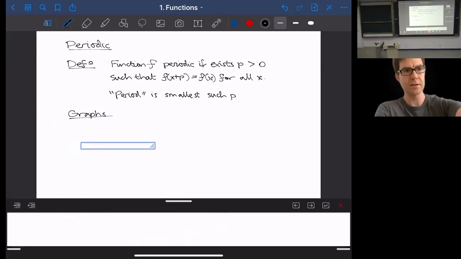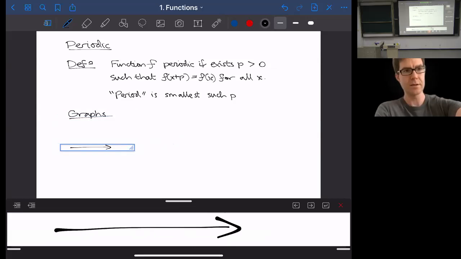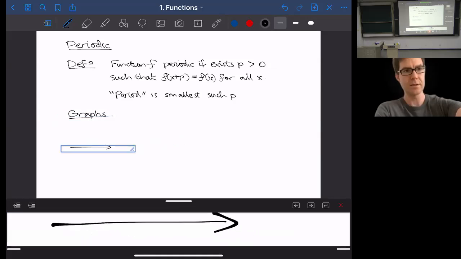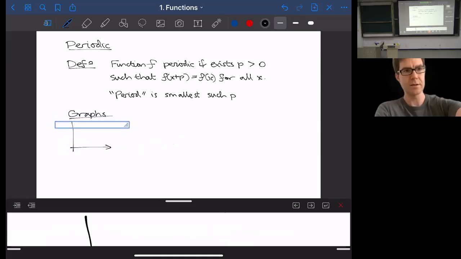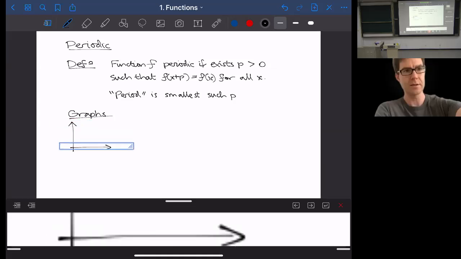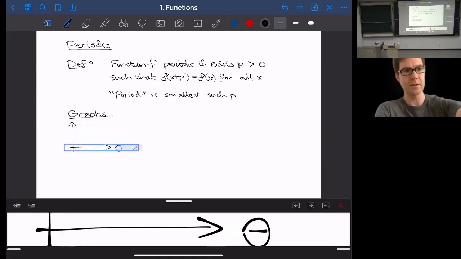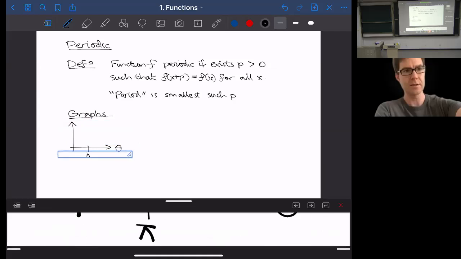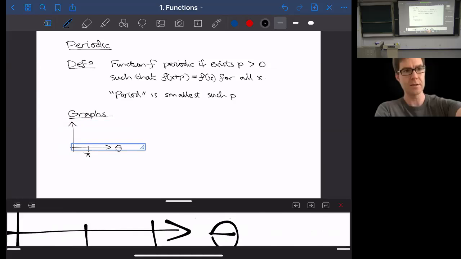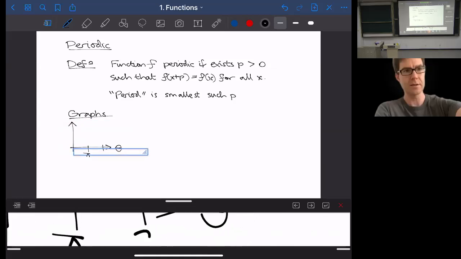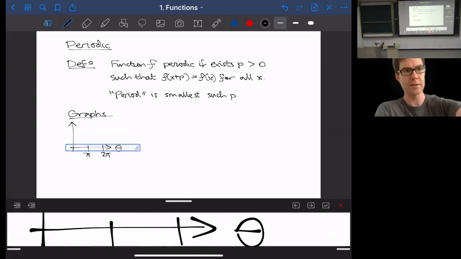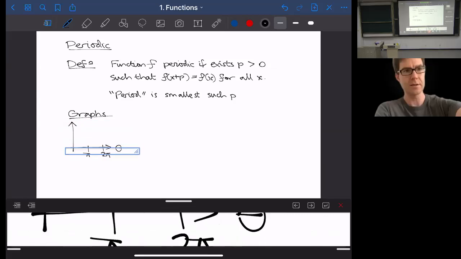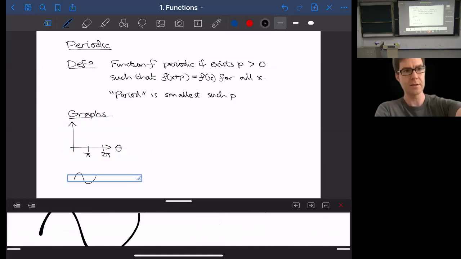So for sine, as theta goes from 0 to pi to 2 pi, we have this sine wave.